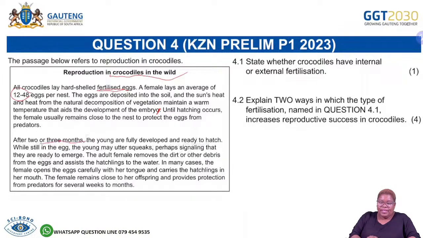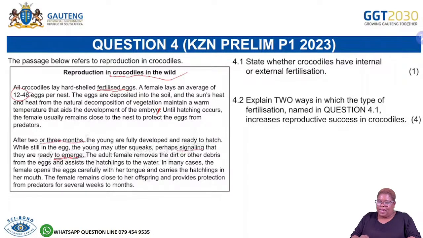While still in the egg, the young may utter squeaks, perhaps signaling that they are ready to emerge. That's nature, huh? They perhaps utter those squeaks to signal to the adult female crocodile, the overprotective one, that they are ready to emerge.